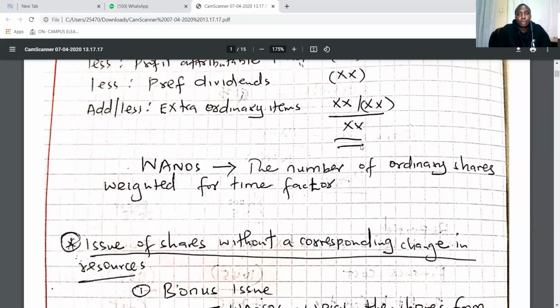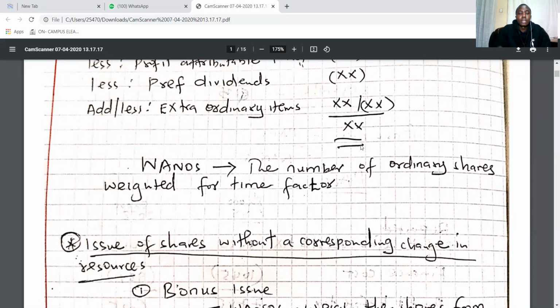Coming to July, this entity issued 50,000 ordinary shares to its relevant shareholders. Then you are asked to compute the 1/nose in this case.